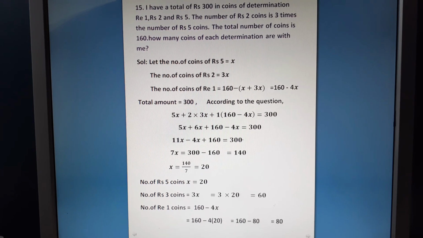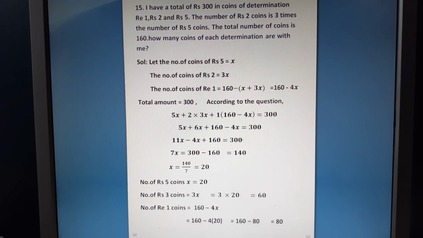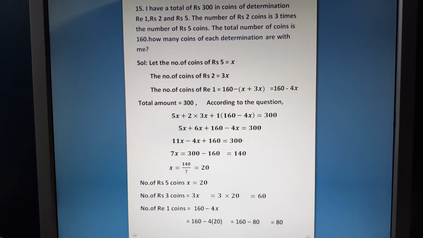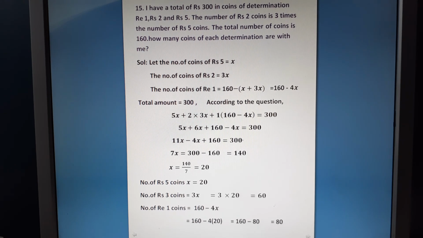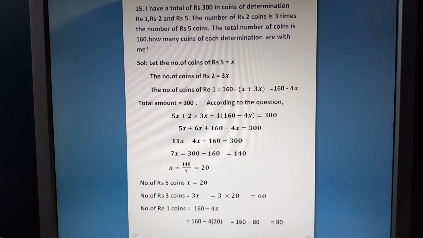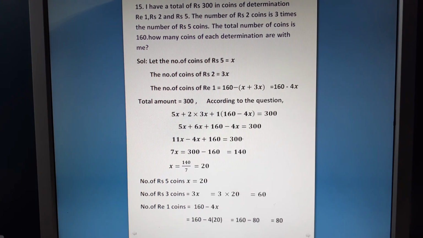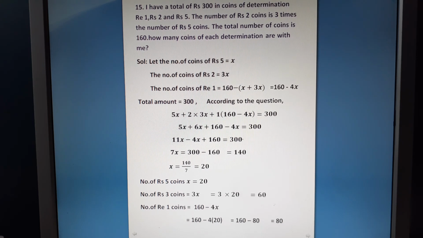So number of 5 rupees coins is 20. Number of 2 rupees coins is equal to 3x. So 3 into 20 is equal to 60. And number of 1 rupee coins is equal to 160 minus 4x. Here we substitute x equal to 20.